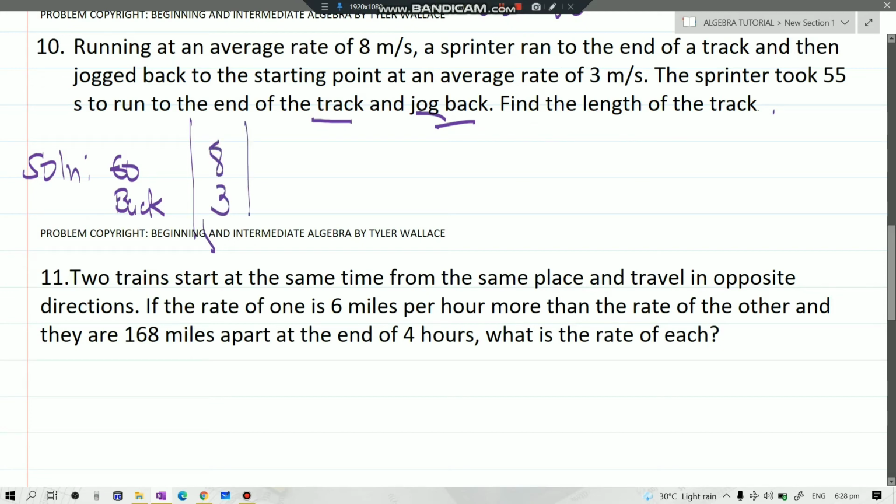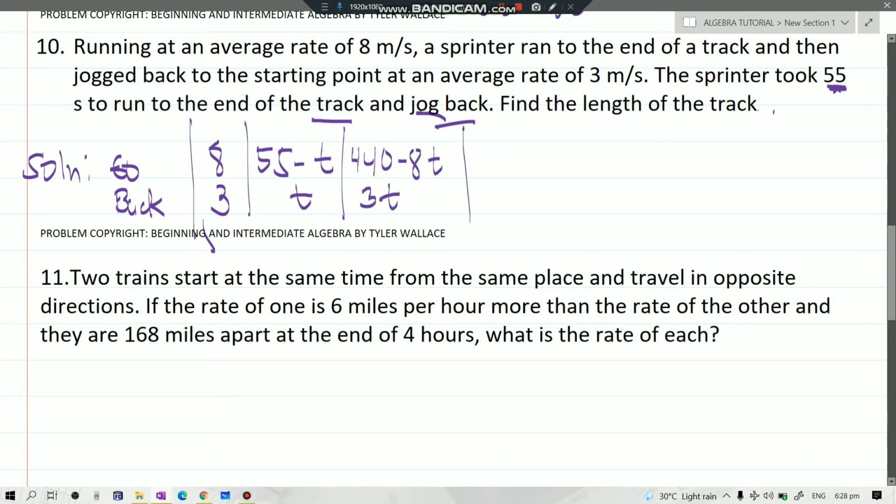So, ano yung time nila? 55 seconds si sprinter. The sprinter took 55 seconds to run. So, we have 55 minus t and t. So, we have 55 times 8. That is 440 minus 8t is equals to 3t.